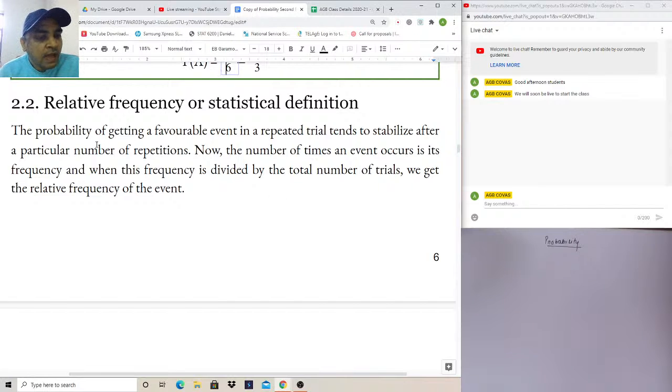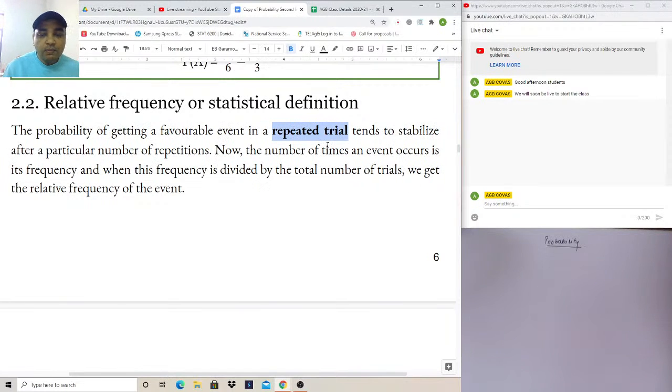So the probability of getting a favorable event in a repeated trial. What is important here is that repeated trials tend to stabilize after a particular number of repetitions. I am reading it again.